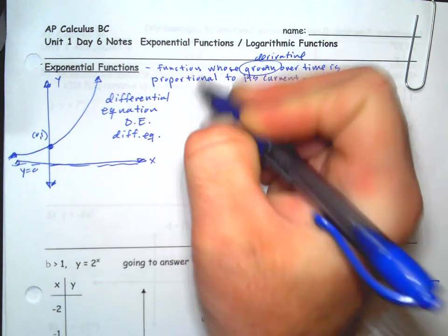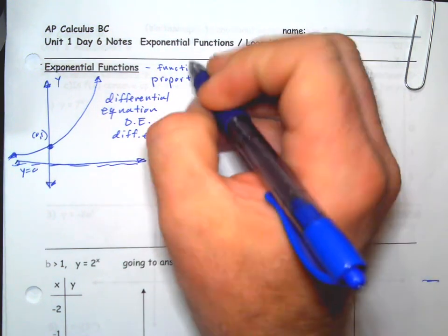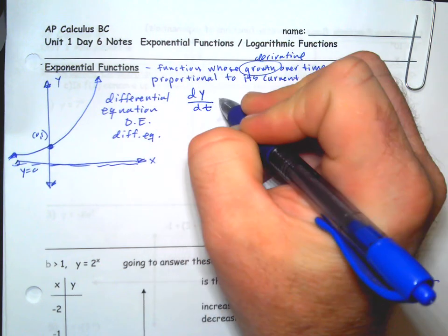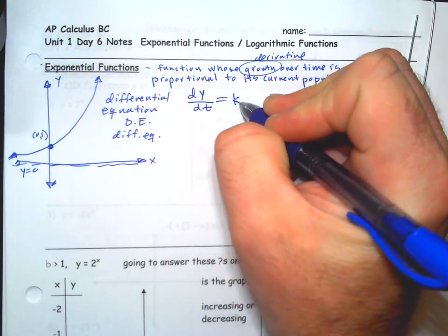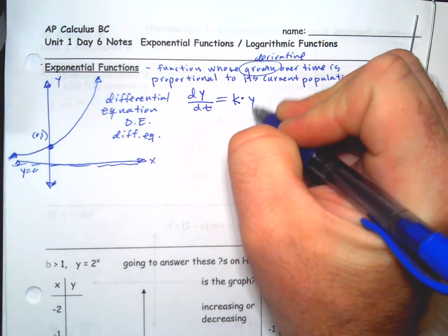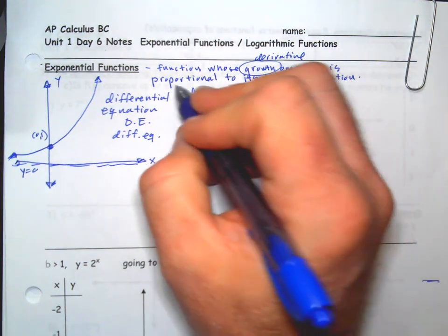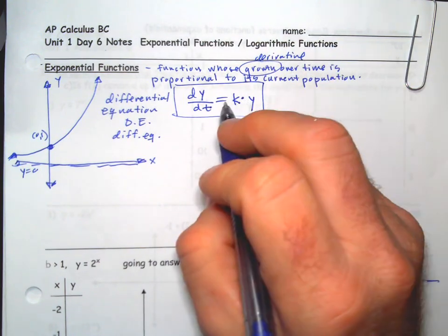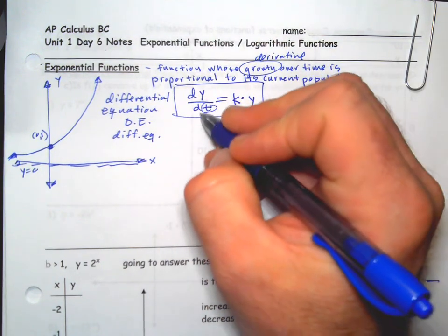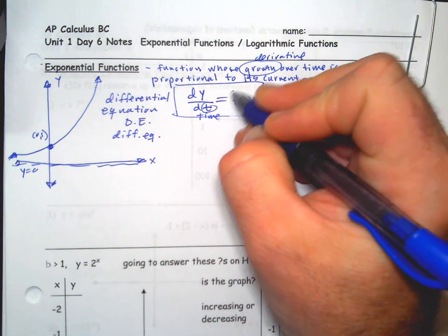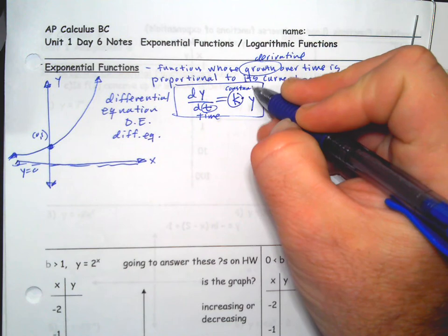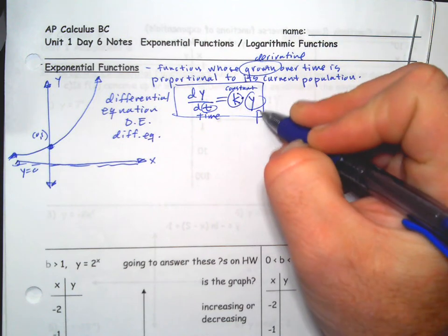So we could say dy/dt is directly proportional to k times the current population. So that's the translation of those words into calculus. And we're taking the derivative with respect to time. This is a constant of proportionality. This is the population.